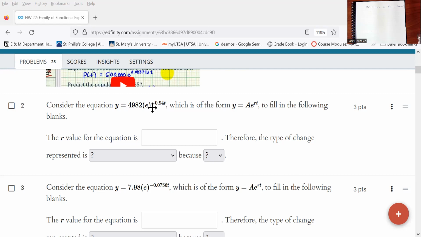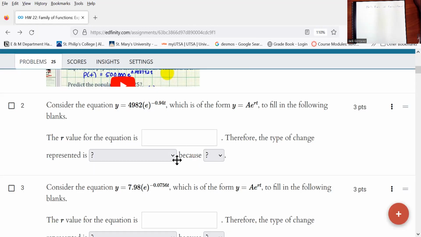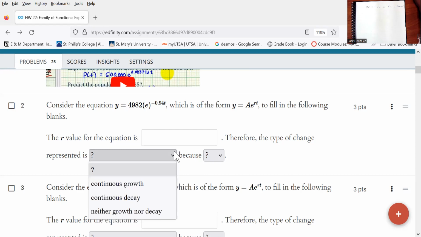The R value they're talking about is the growth rate. So the R would be negative 0.94. So just look at it and answer the question. Let's see what these questions are. What type of change does it represent?